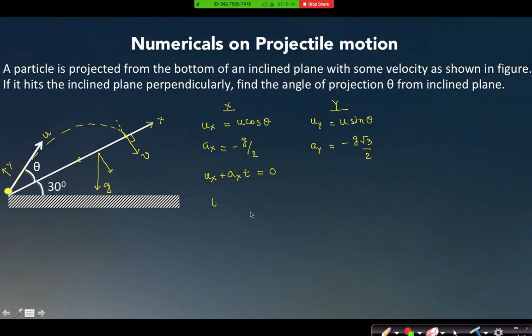So in that case, what is the time after which its velocity component along x-axis is 0? That I can find by minus of ux by ax, yes or no? Can you understand this part? If you put the value of ux by ax, minus minus will cancel out. So can I say it is only 2u cos theta by g?